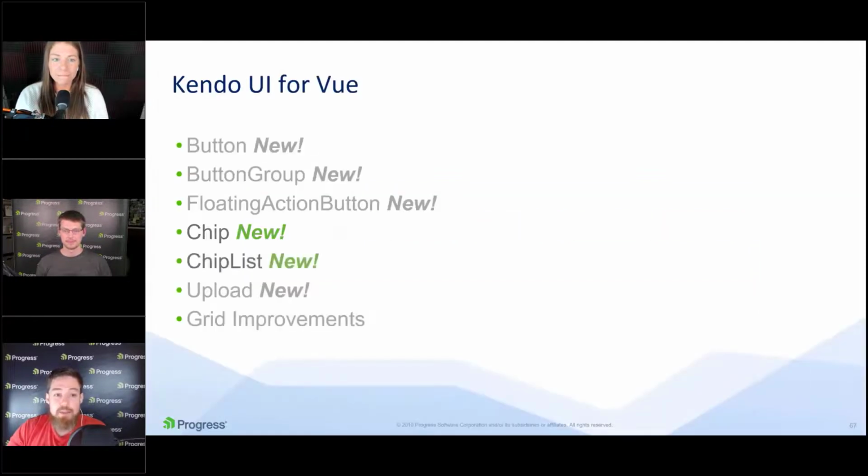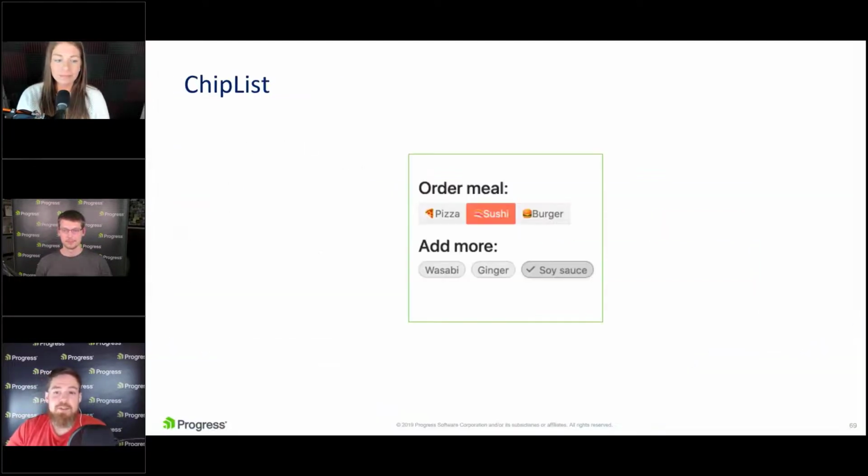The ChipList, similarly, allows you to take the chip that we had before and now manage a list of chips. So a chip by itself can, of course, be useful if you just want to have it in a grid cell as a unique way to display some information, and maybe some labels or tags.